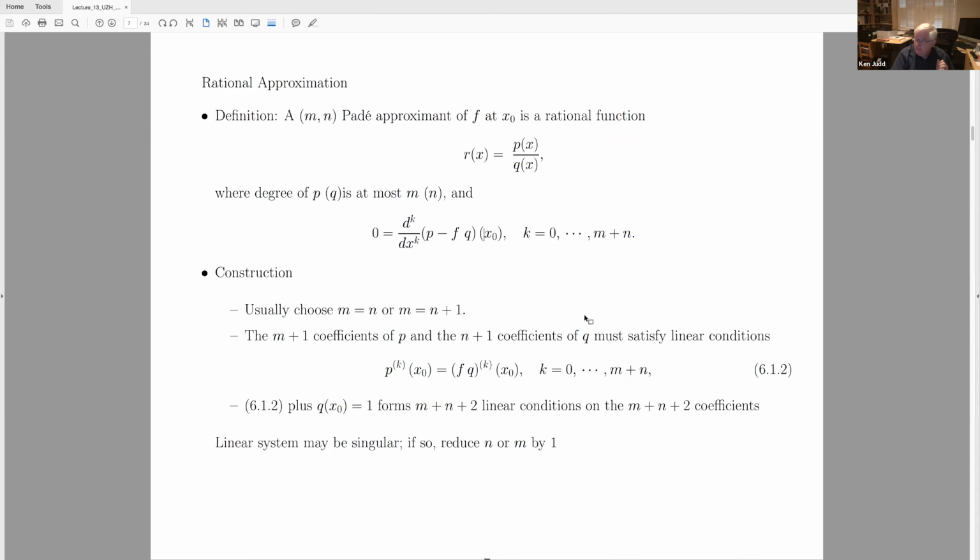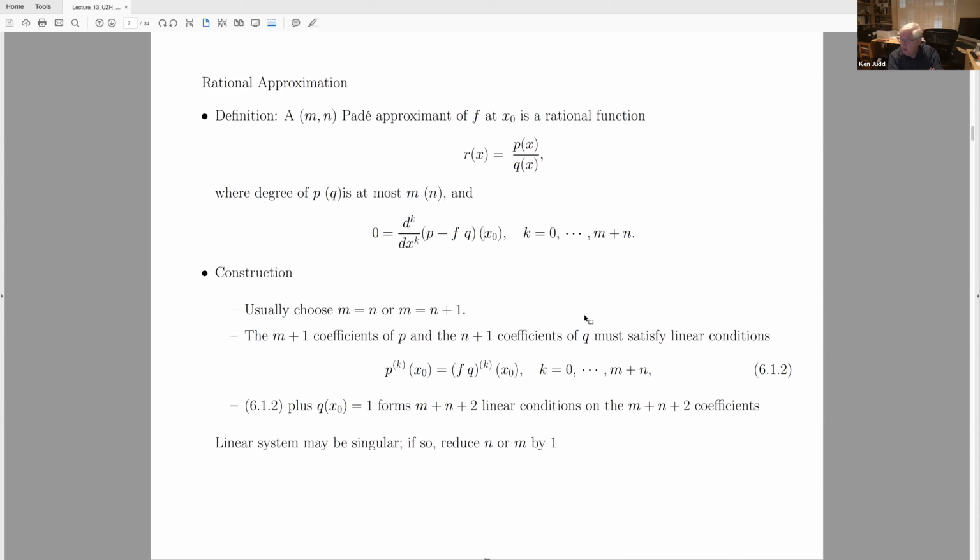Now, there's another way in which you can use information about a function f to construct an approximation. The idea of a Padé approximation is that the approximating function is going to be a rational function.